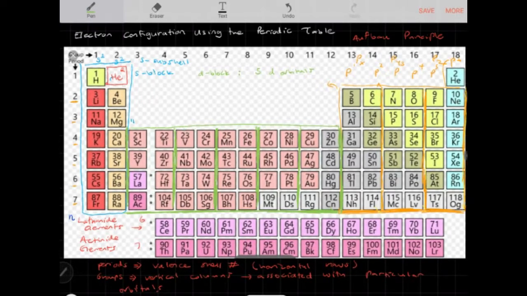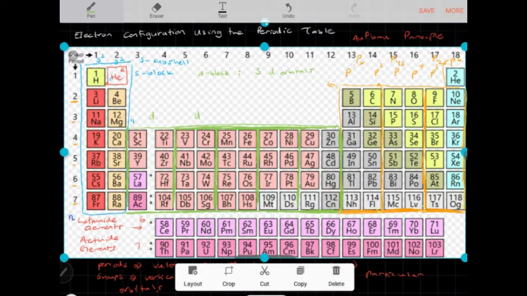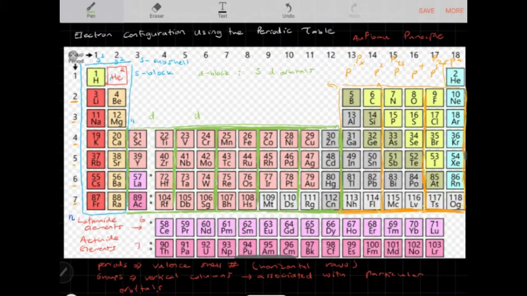So if you wanted to label this, I'm just going to clear this up a little bit. If we wanted to label this, well, we can call this D1, right? So this is one of the D orbitals, right? D1, D2, D3, D4, and D5. So these are the 5 D orbitals, right?